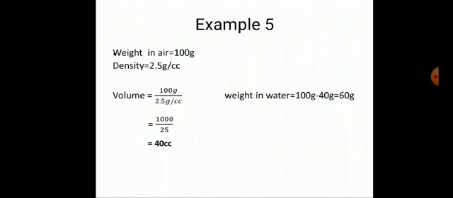Weight in air is 100 gram, density is 2.5 gram per centimeter cube. Volume is equal to mass upon density, 100 upon 2.5. So when we remove the decimal point, we will get the number as 1000 divided by 25, and that is equal to 40 cc. Weight in water is equal to 100 gram minus 40 grams is equal to 60 gram.